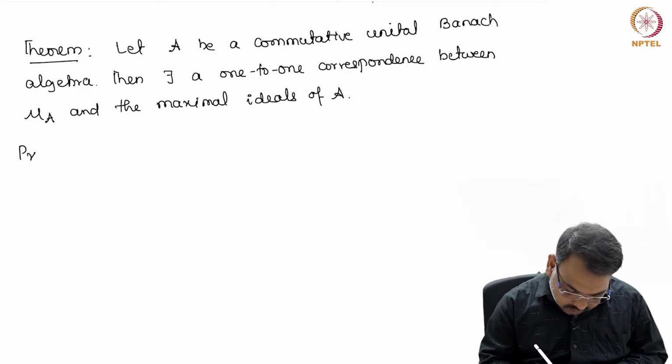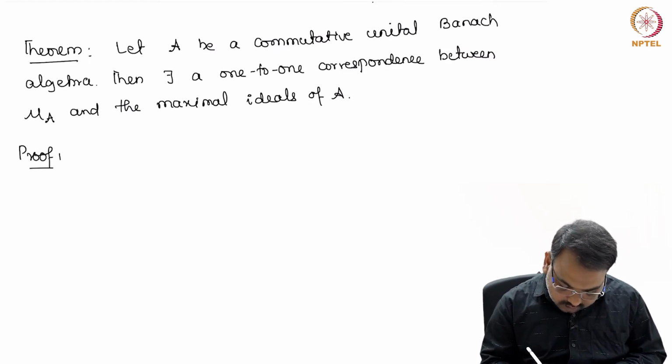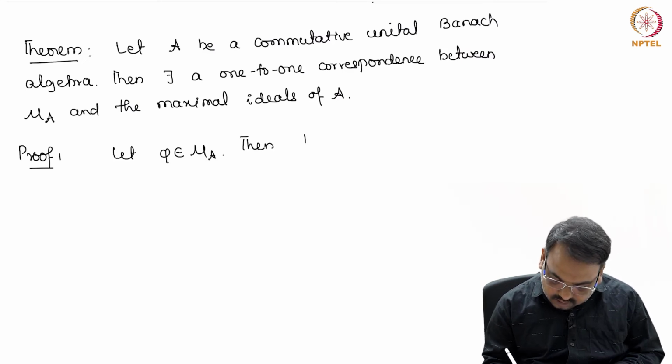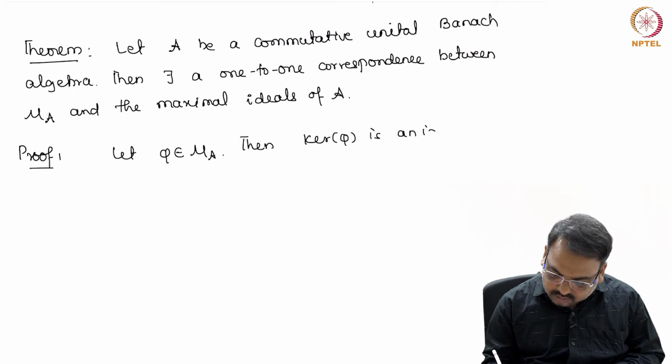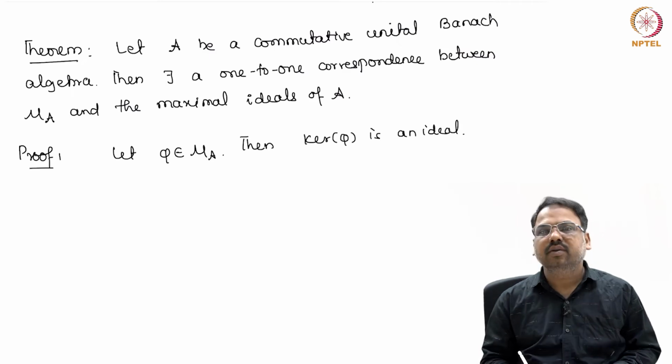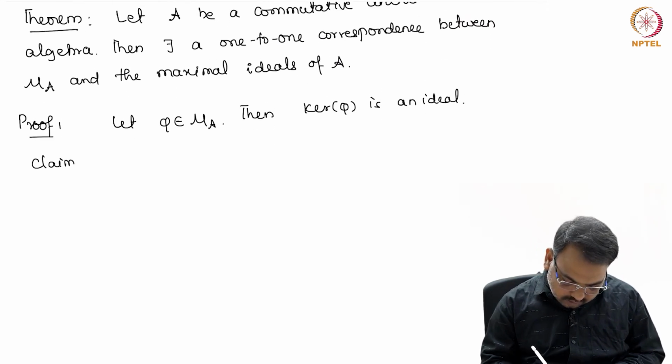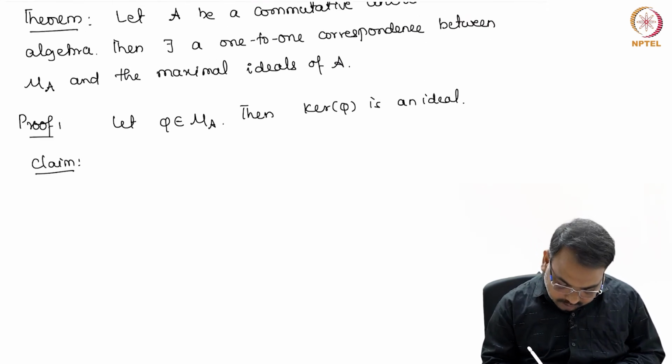So let us look at the proof. Let us take phi in M_A. Then we know that kernel phi is an ideal. This we have already observed. We want to show that this is maximal. So the claim: kernel phi is maximal.